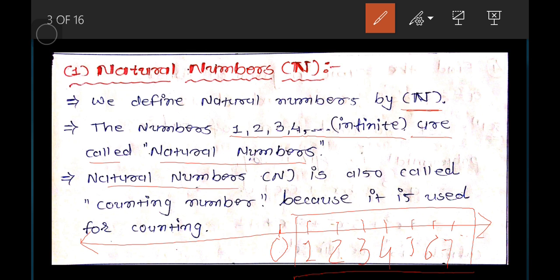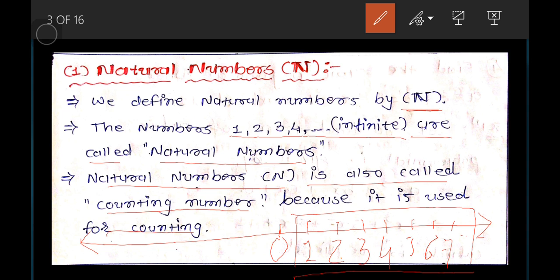Natural numbers, capital N, are also called counting numbers because they are used for counting. If you want to count coins and you have many coins, you can count 1, 2, 3, 4, 5, 6, 7.